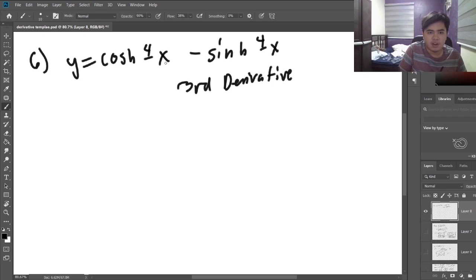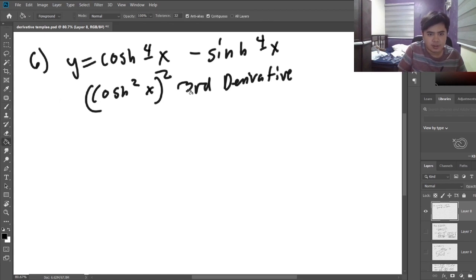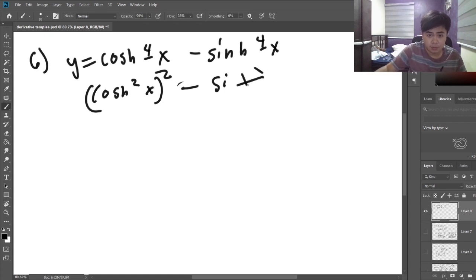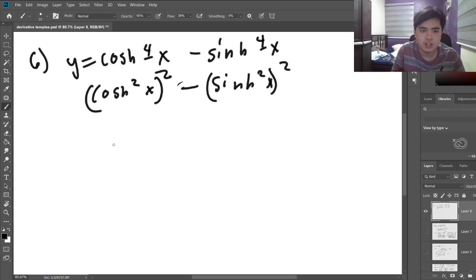Cosh to the power 4 of x is the same as cosh squared x, squared. And then minus sinh squared x, this to the power of 2. Now that's a difference of two squares, so let's simplify this further.